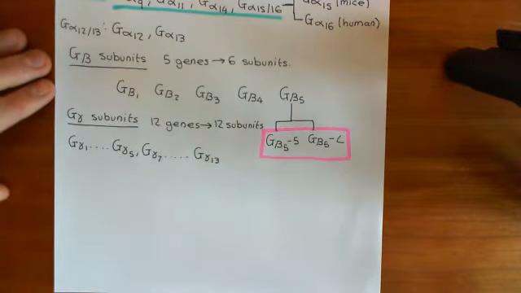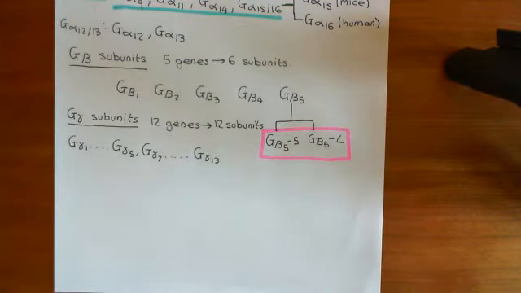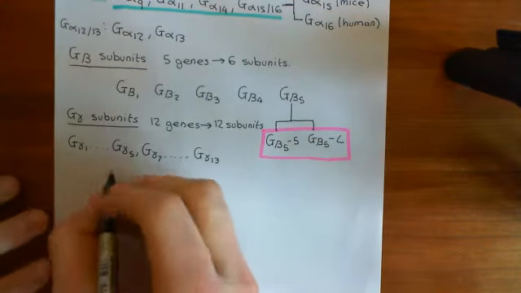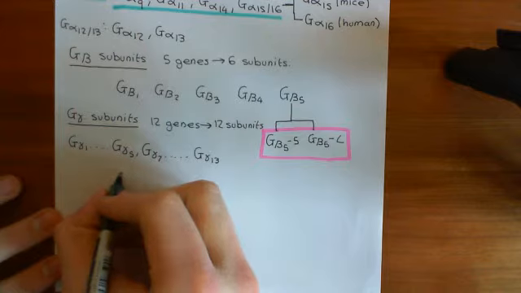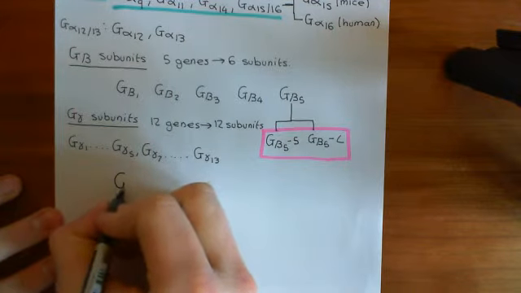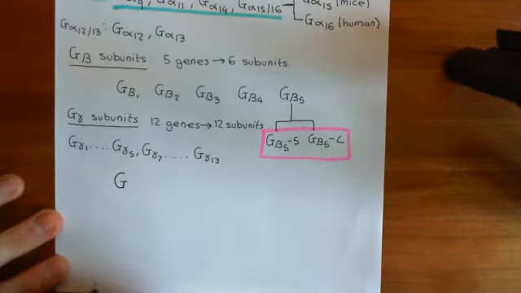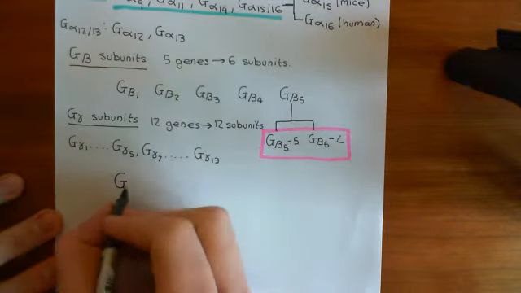Okay, right. So now what I'd like to say is a little thing about the naming of heterotrimeric G proteins. What you might think would be ideal is if, when naming a heterotrimeric G protein, people named exactly which alpha subunit they were dealing with, exactly which beta subunit, and exactly which gamma subunit.